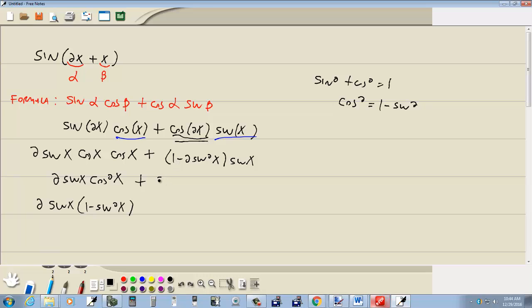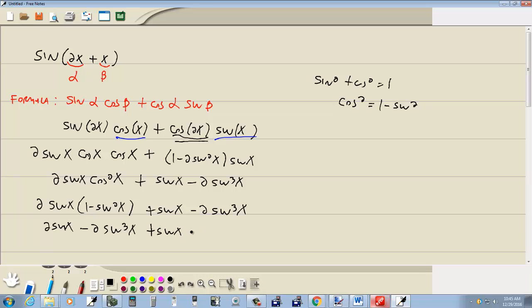Sine times 1 is sine, minus 2 sine squared times sine is sine to the third. Plus, now I'll bring that down again. Now if I multiply this through, 2 sine x times 1 is 2 sine x. 2 sine times negative, that gives us negative 2 sine to the third. Because sine times sine squared is sine to the third.